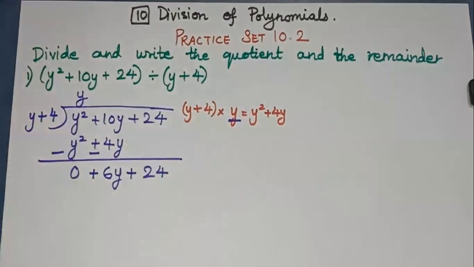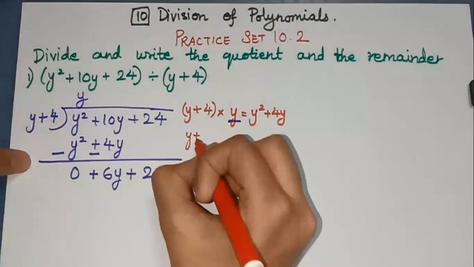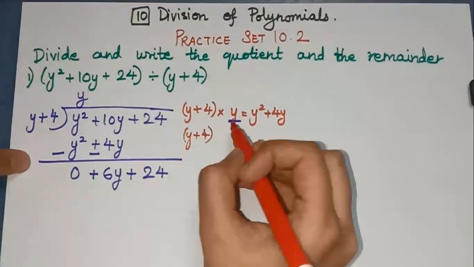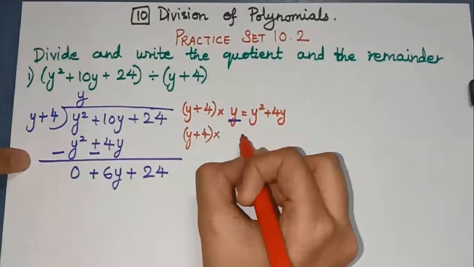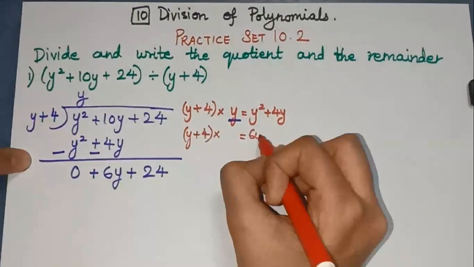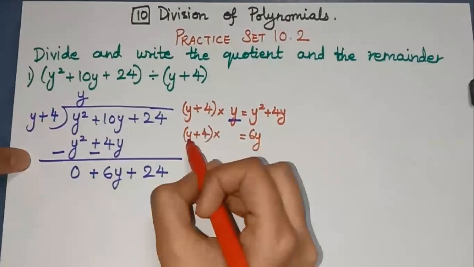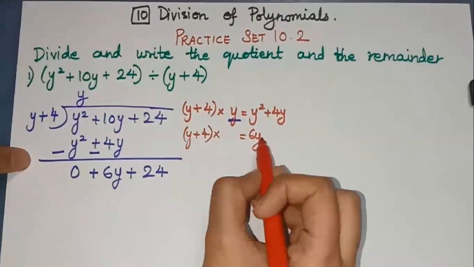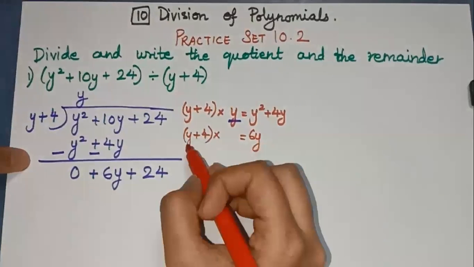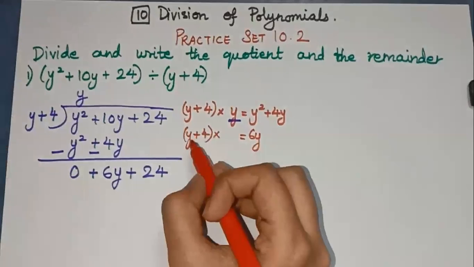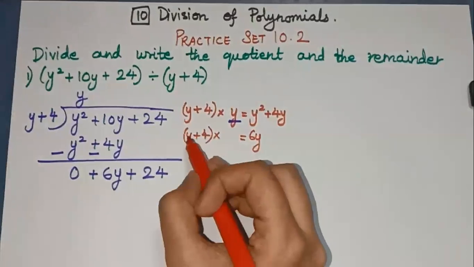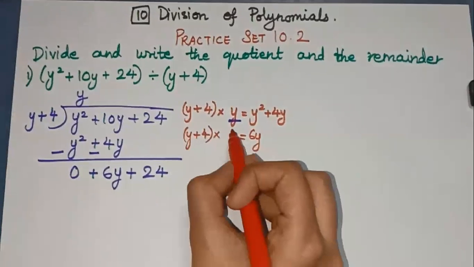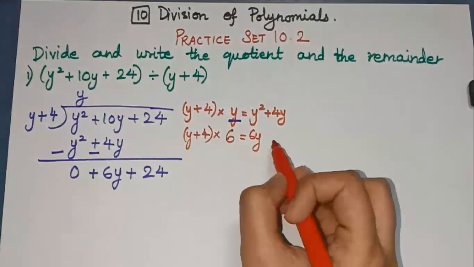So again we will write the divisor. Now the divisor multiplied by something should give you 6y. So what will you multiply with y so that you get 6y? Obviously it's very easy. No number is there, that means there is 1. So 1 multiplied by 6 will give you 6y, right?